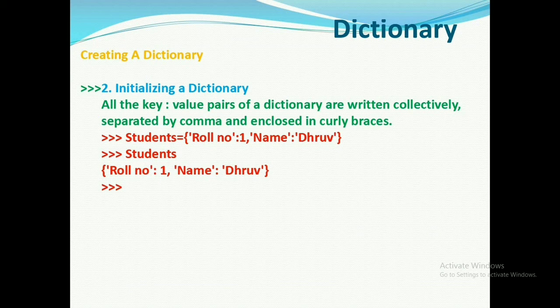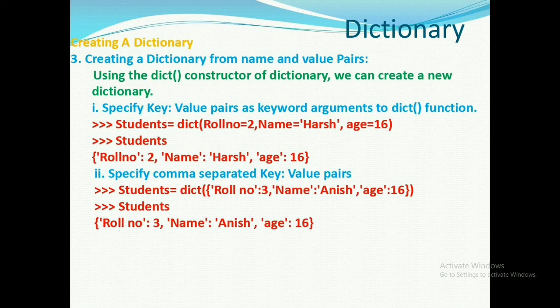In this example, students is equal to roll number 1, name Dhruv is a dictionary enclosed in curly braces. Here roll number and name are keys and 1 and Dhruv are values of these keys.